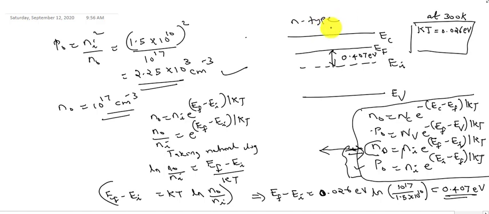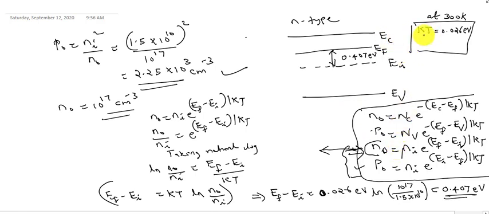This is the way we analyze problems relating to equilibrium electron and hole concentration. Any problem you can do with these equations. You have to remember the value of Ni for silicon and the value of kT.